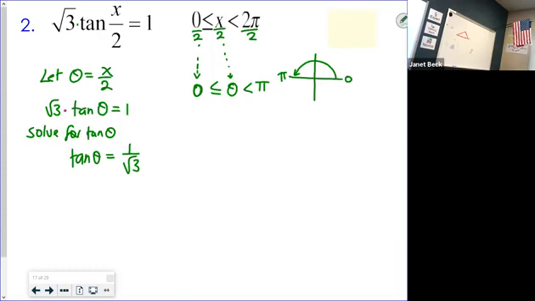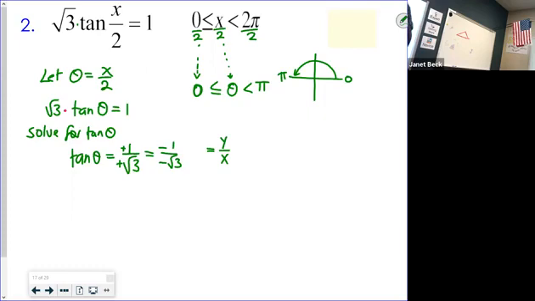Because we know that tangent is a ratio of y divided by x, and these sides that we have here are sides of a 30, 60, 90 triangle. Now, tangent being the positive ratio 1 over root 3 could come from plus 1 over plus root 3, or from minus 1 over minus the square root of 3.